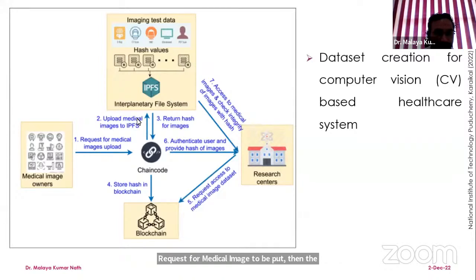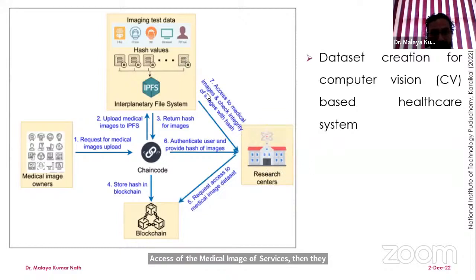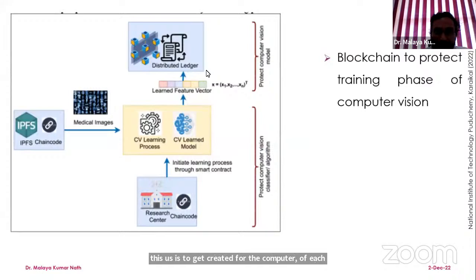Upload the medical image to IPFS, then return the hash for the images, then store the hash in the blockchain. Afterwards, if some research center requests access to the medical image databases, then they authenticate users and provide the hash of the images to the research center, and access to the medical images is checked with the hash. So this is the way this database is created for computer vision in healthcare systems. And this diagram represents how blockchain protects the training phase of computer vision.